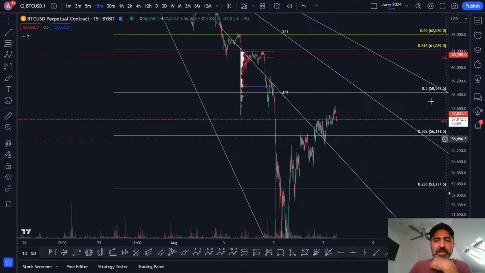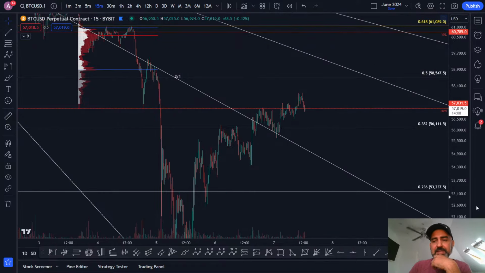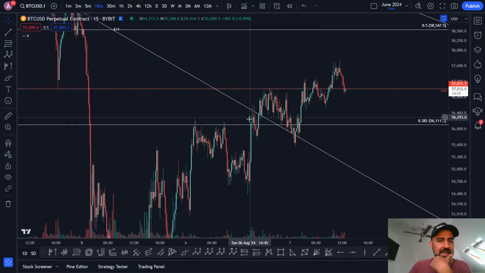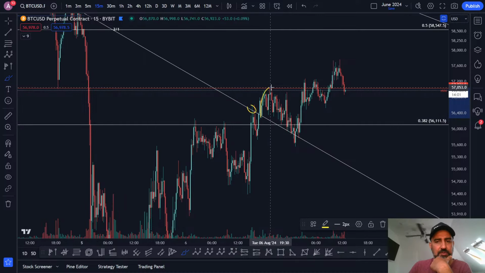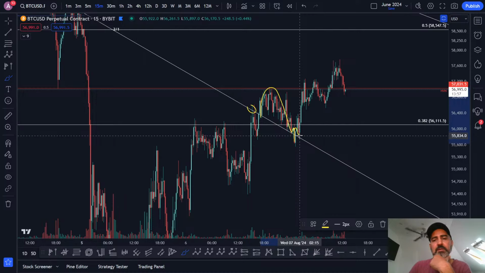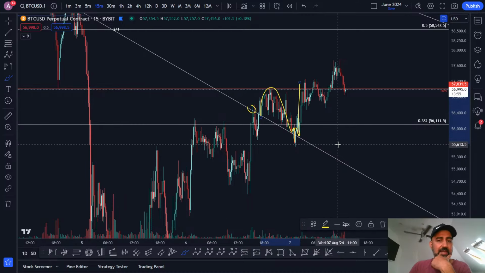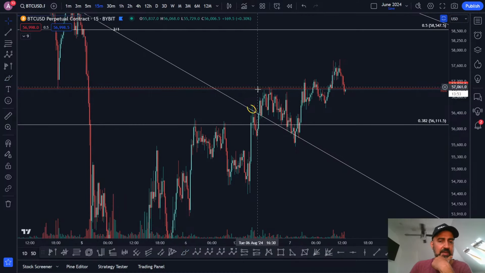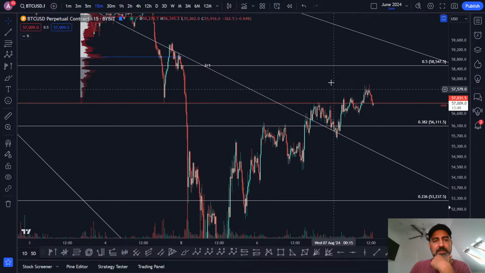You see here when we breached it, we were talking about this GAN fan yesterday. You see how the price reacted, broke, and look at that. Nice back test. So they are quite nice. You see that the price is flipping them, this is how it does it.